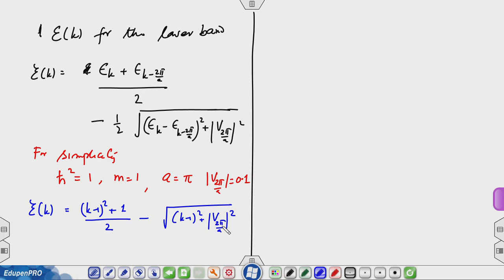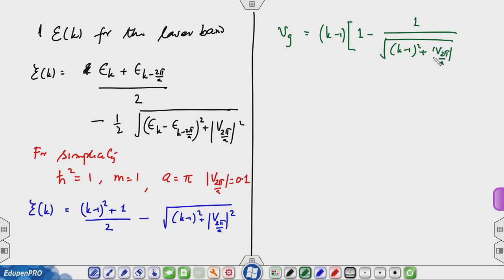And the group velocity V g, you can easily work it out, comes out to be k minus 1 minus 1 over square root of k minus 1 whole square plus mod v 2 pi by a whole square.